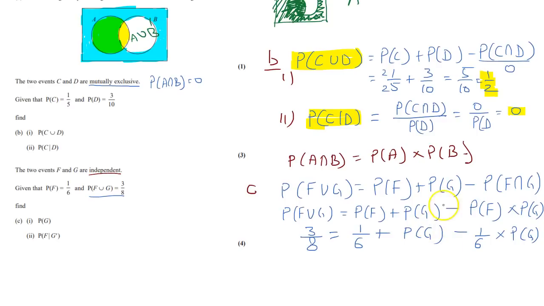So this is 3 over 8 minus 1 over 6 is equal to P(G) minus P(G) over 6. 6 P(G) minus P(G), that is 5 P(G) over 6.